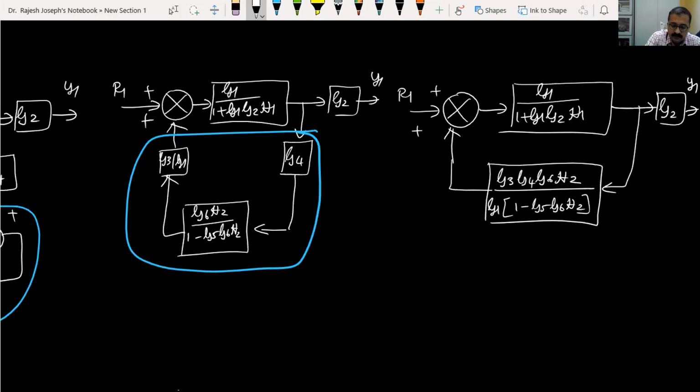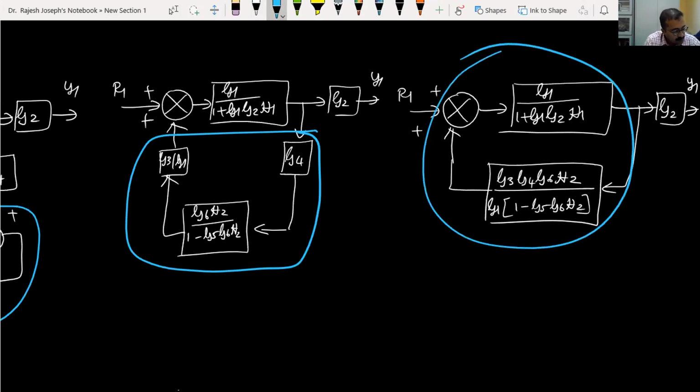Okay. Now what happens? This is in feedback. Okay. So when you simplify that, what will you get? This will be in feedback and it will be in cascade with G2. Okay.